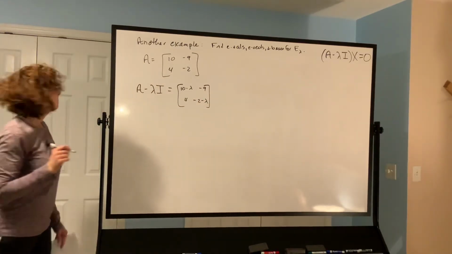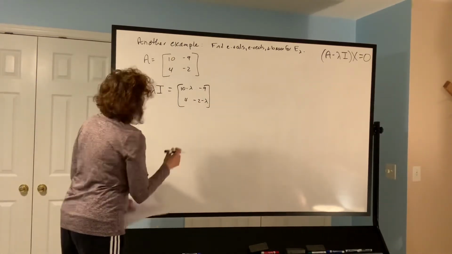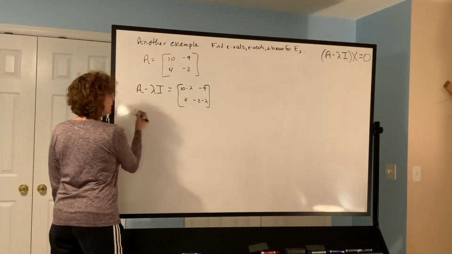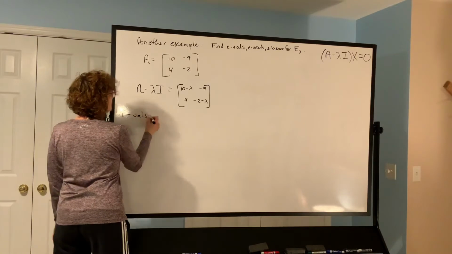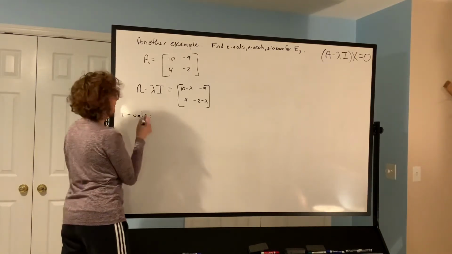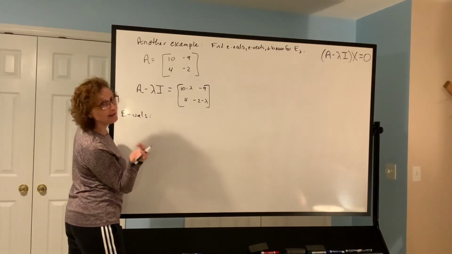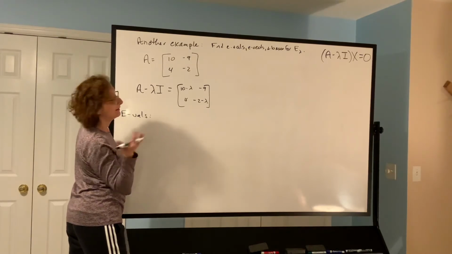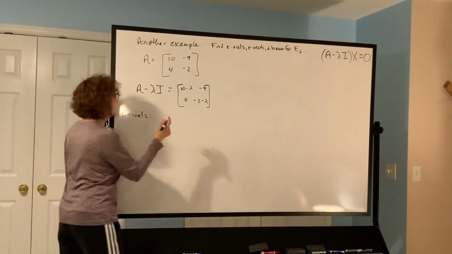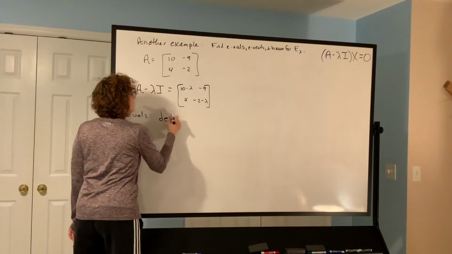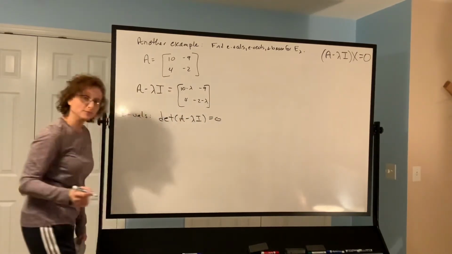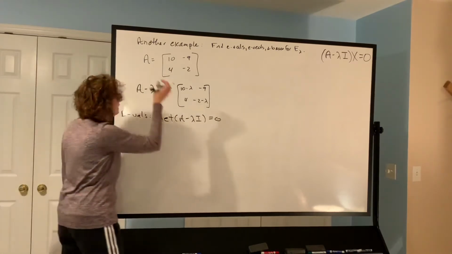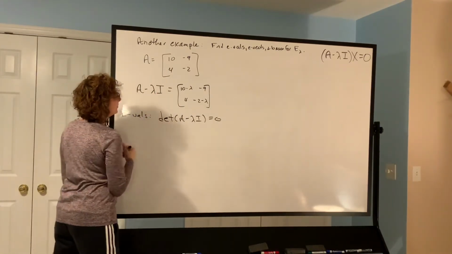Now what? Well, we do the equation that gets the eigenvalues. What is the equation that gets the eigenvalues? Good. And why is that the equation? The determinant of A minus lambda I is equal to 0. This is the characteristic polynomial, P of lambda.